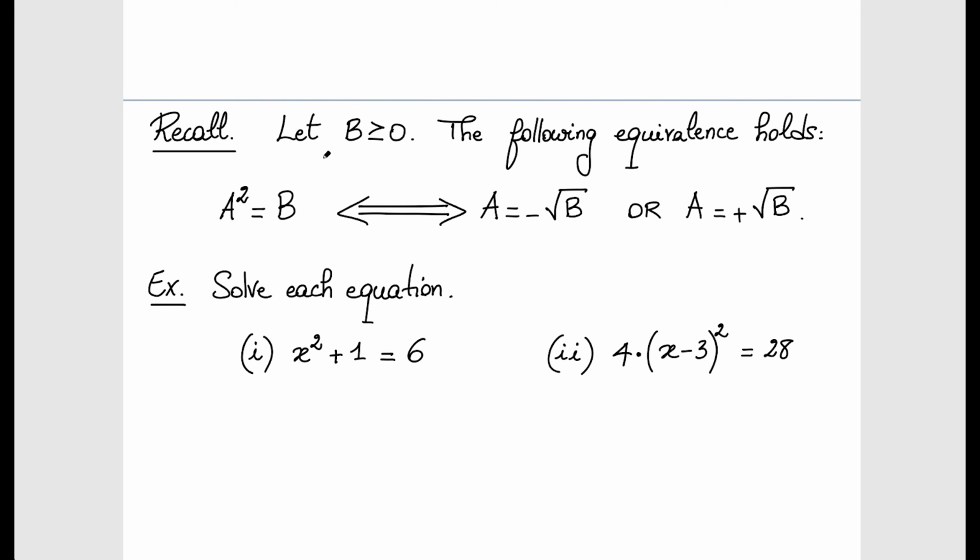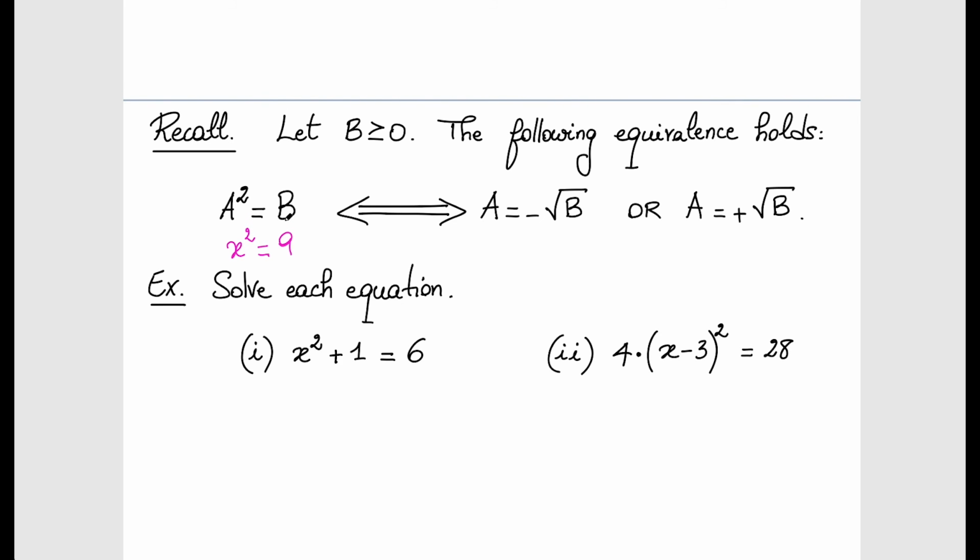I'm just recalling it. So it goes like this. If you have a number labeled as b that's non-negative, the following equivalence holds. A squared equals b if and only if a is plus or minus square root of b. For example, if x squared is equal to, I don't know, 9, who's a, who's b?